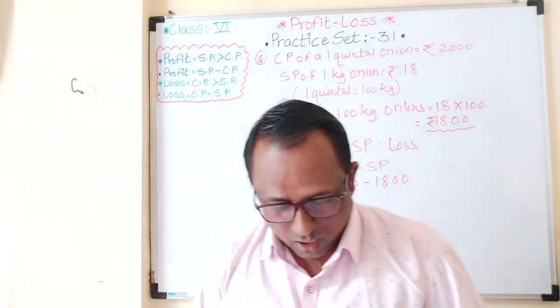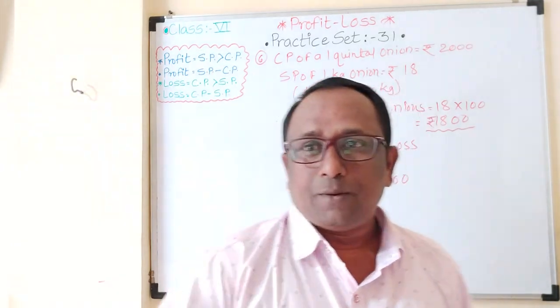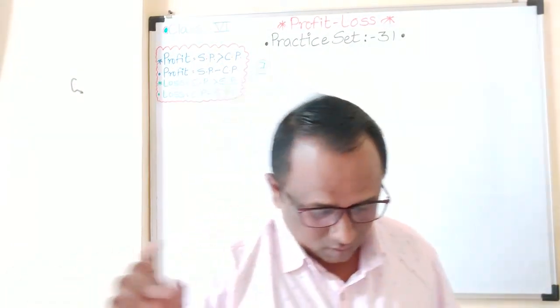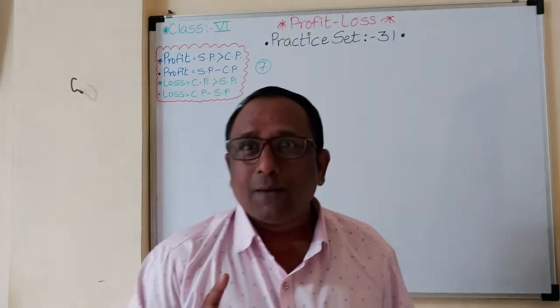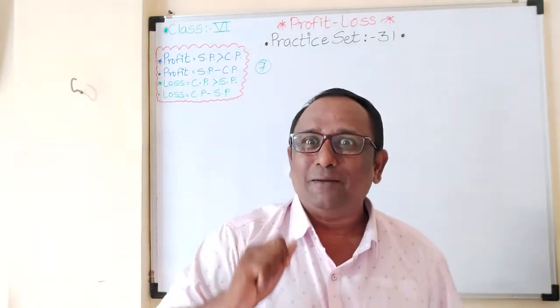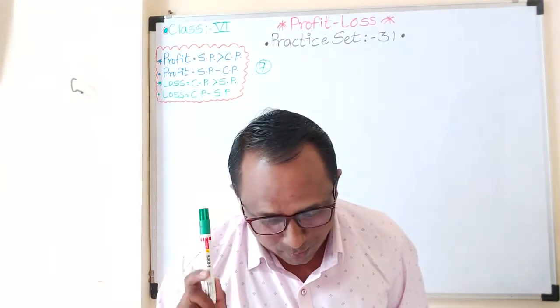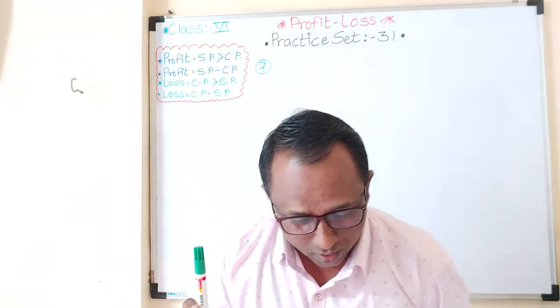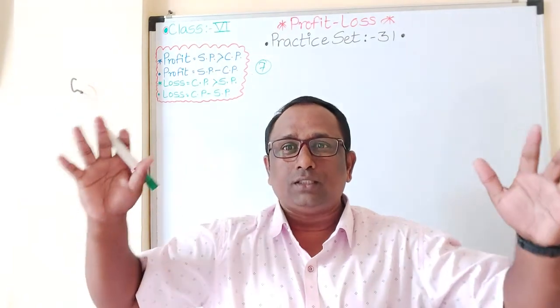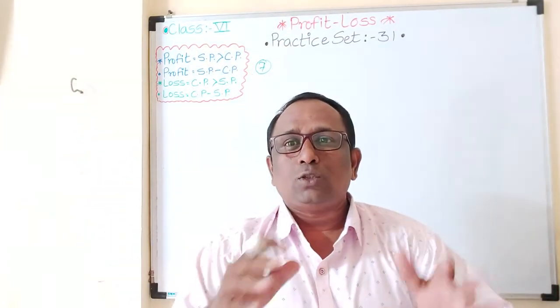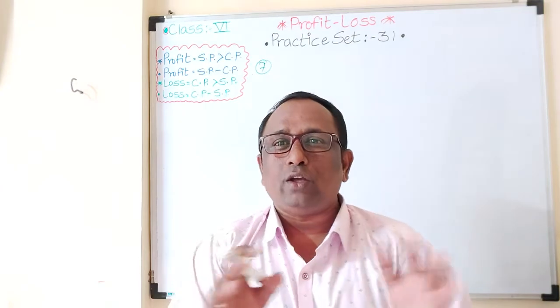Okay. Now we will see the last example. The last example is: Kantabai, sister of Shantabai. Okay. Kantabai bought 25 saris from a wholesale merchant. A wholesale merchant means a merchant who sells directly to small traders, those who have shops.